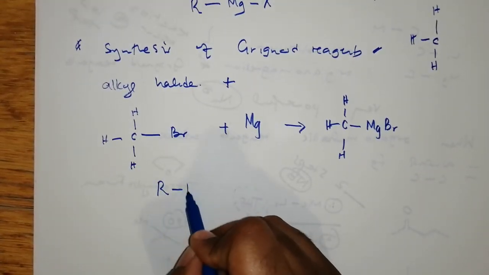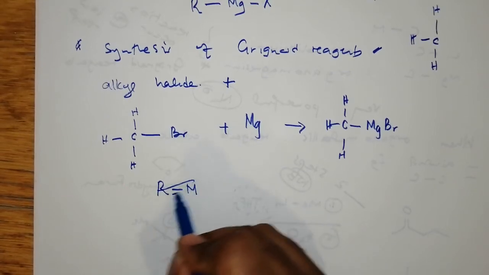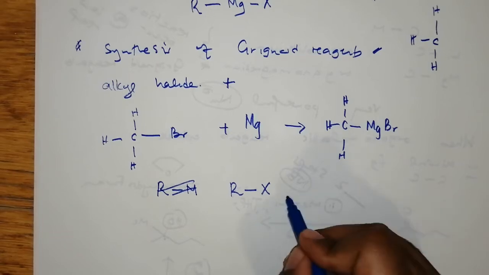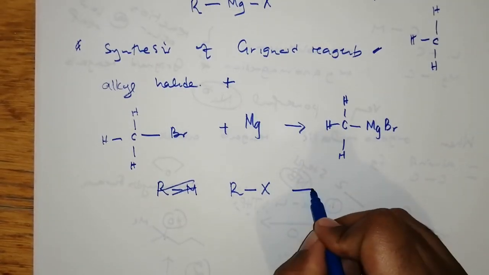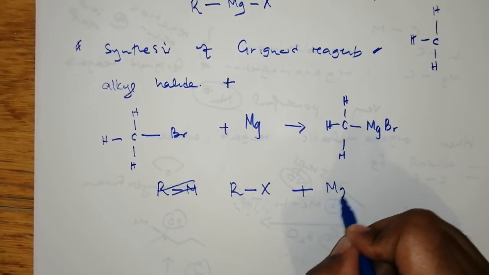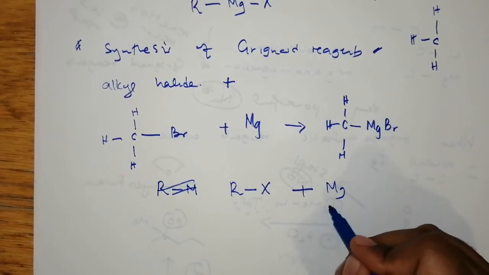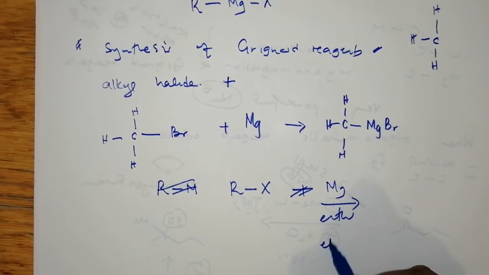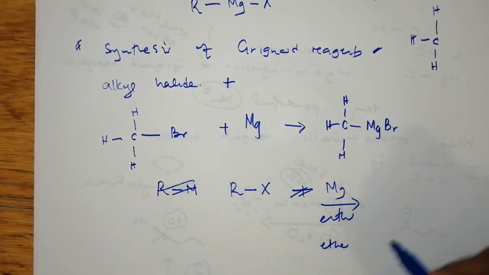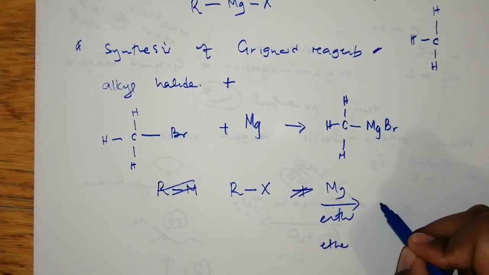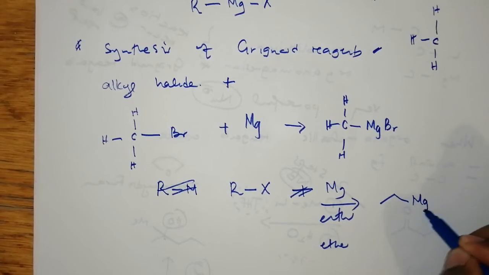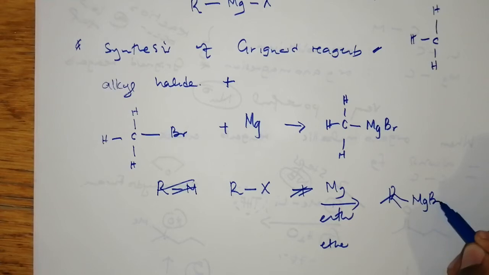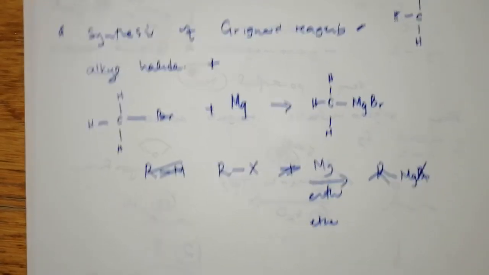This is how you make Grignard reagents, right? So it's R-X, where X is the halogen, plus the magnesium, and this can happen in ether, and then you're going to have R-MgX.